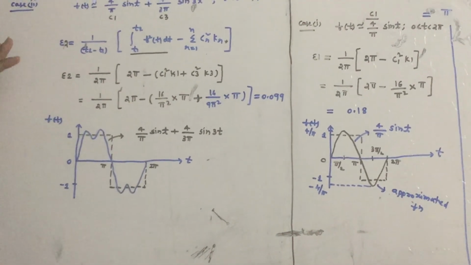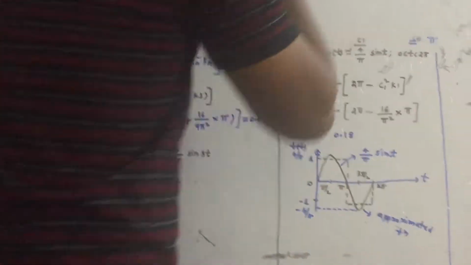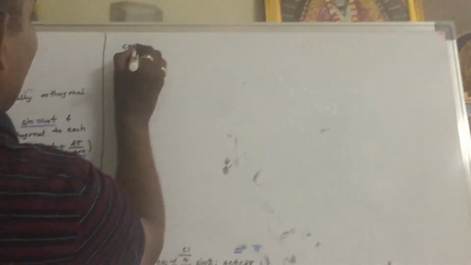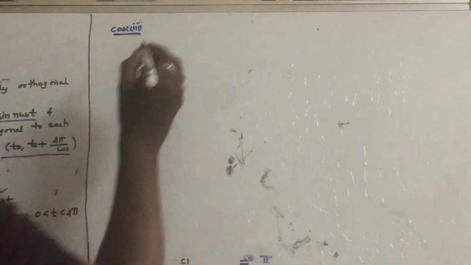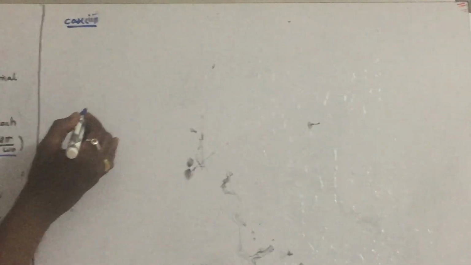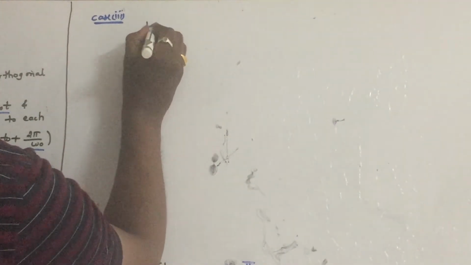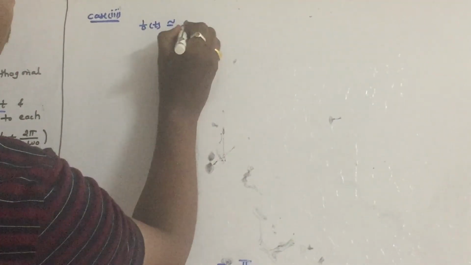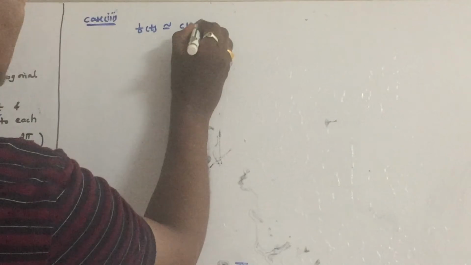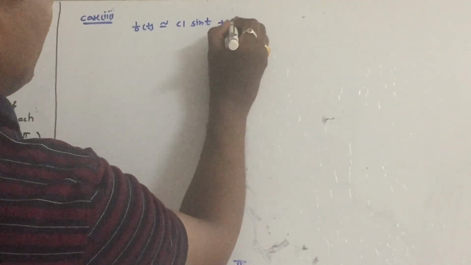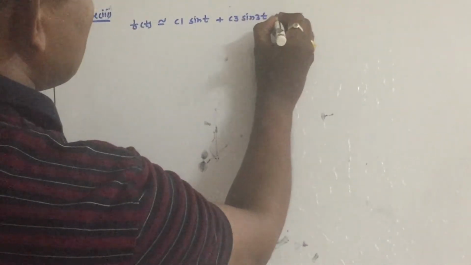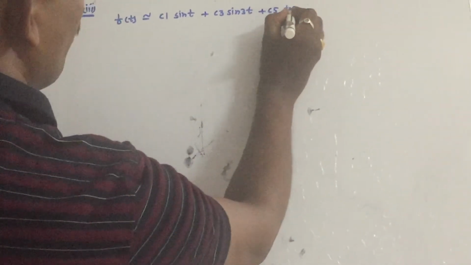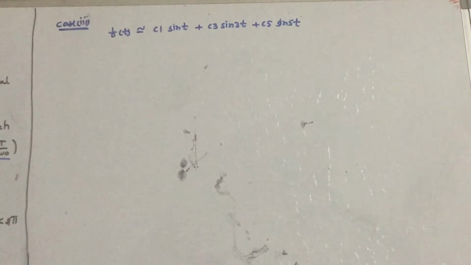So now the last one, case 3, we take and we close. Now in case 3 we approximate f of t with three orthogonal signals, that is f of t is approximately equal to c1 sin t plus c2 is 0, c3 sin 3t plus c5 sin 5t.